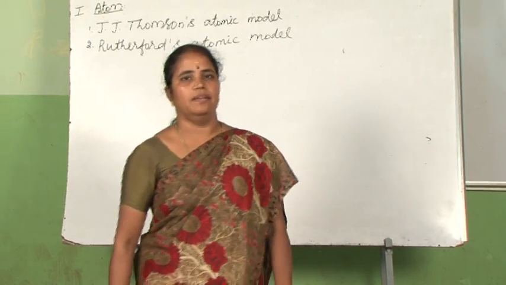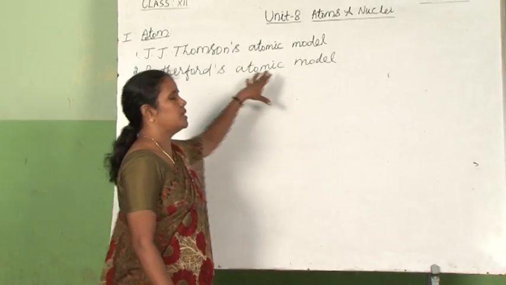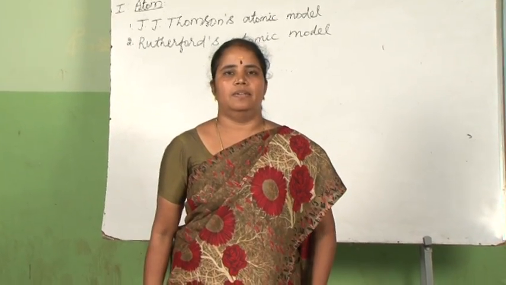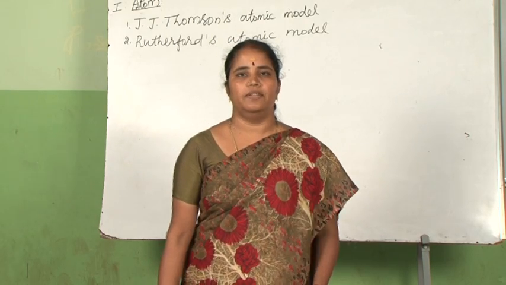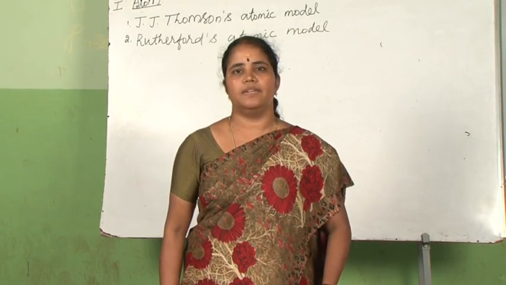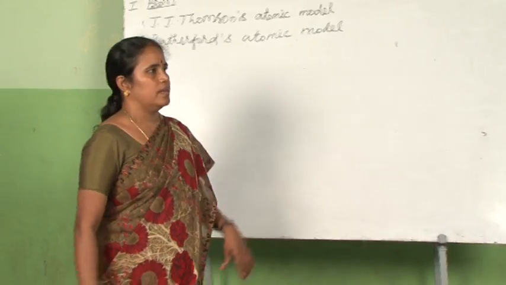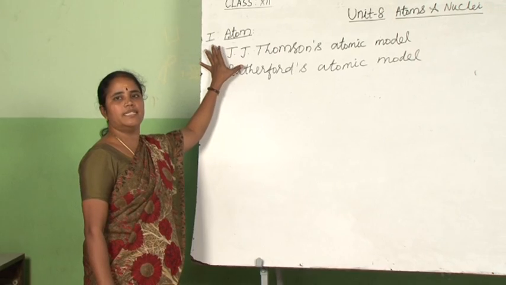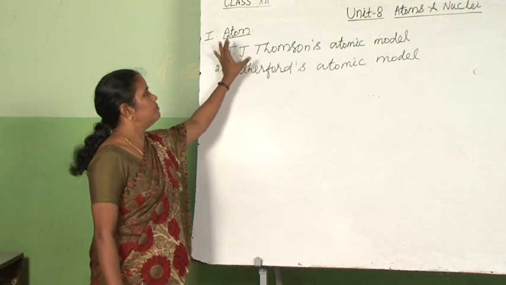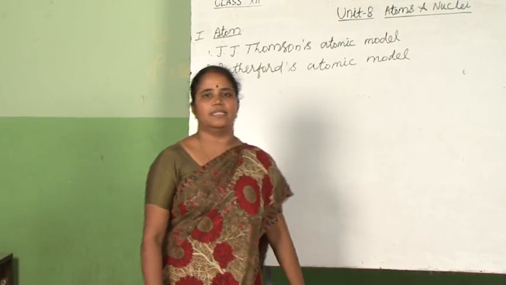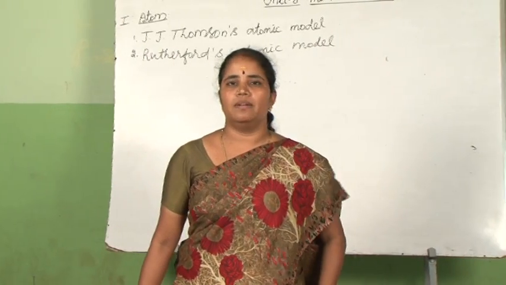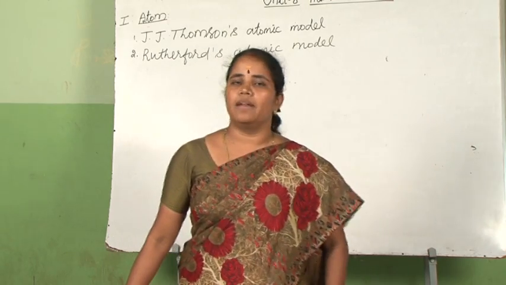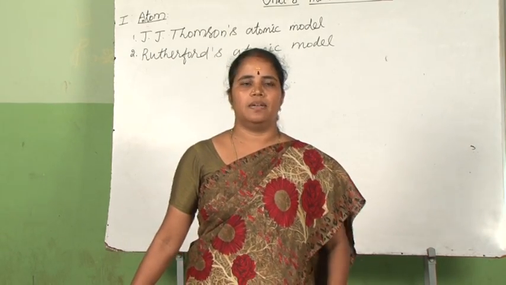Today I am going to deal with Unit 8, Atoms and Nuclei. We will deal with the different atomic models in the first part. The first atomic structure was proposed by J.J. Thomson, but there were some drawbacks in Thomson's atomic model, which was modified by Rutherford by the alpha particle scattering experiment.